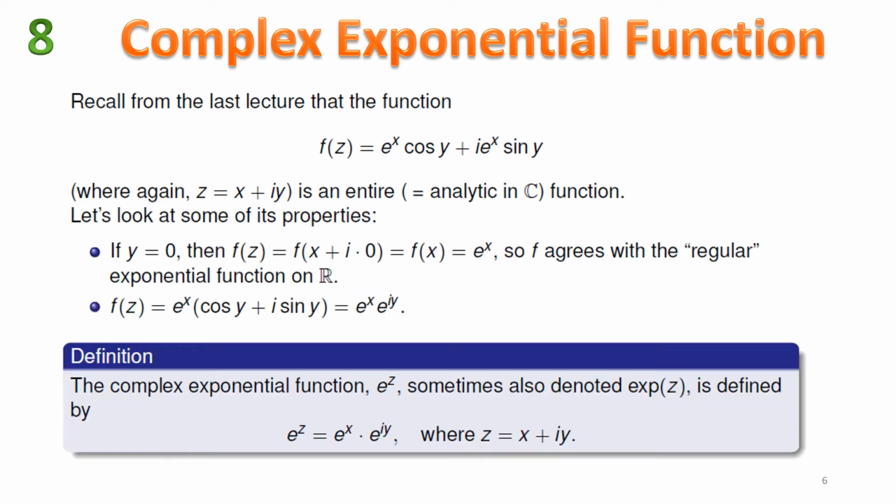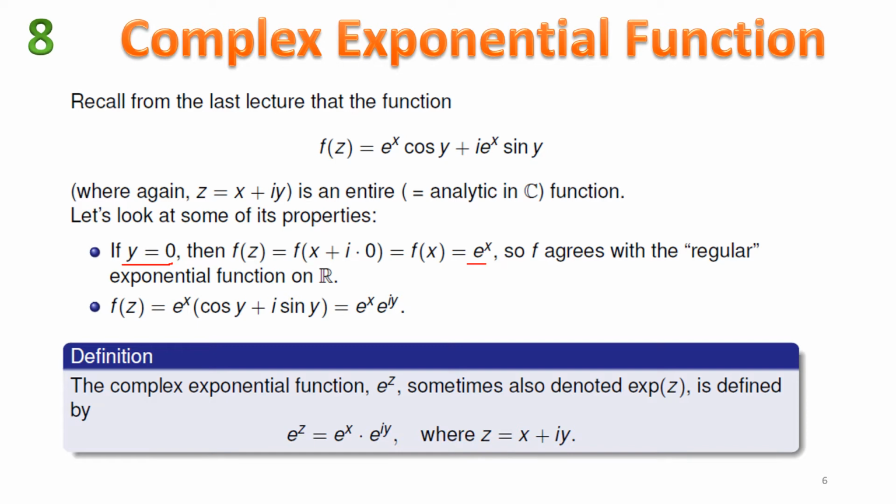So we are calling that an entire function. Now let us try and study how this function behaves when y is equal to 0. When we substitute y is equal to 0, then cos of 0 will be 1, sine of 0 will be 0. So we are left with only a real part, that is e to the x.